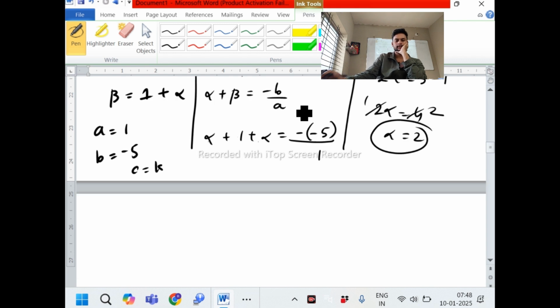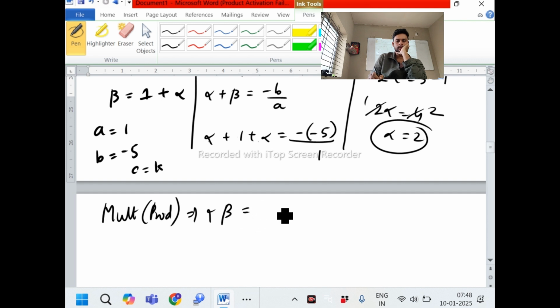Okay. Next we should find the multiplication. Product is equal to alpha into beta. Correct? Is equal to c by a. Remember, alpha into beta is equal to c by a. Alpha is how much? Alpha only. Beta is alpha plus 1.